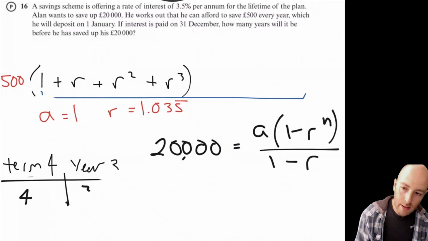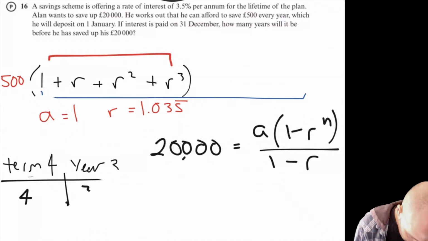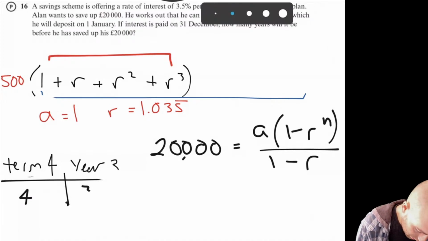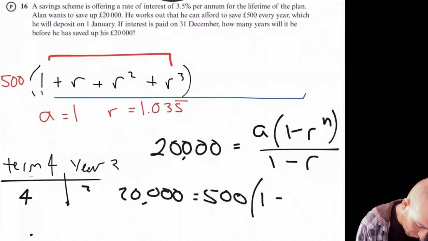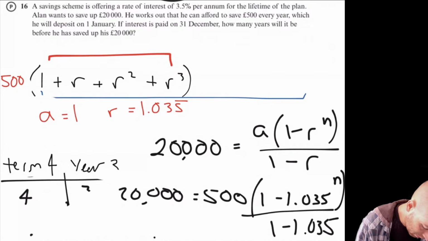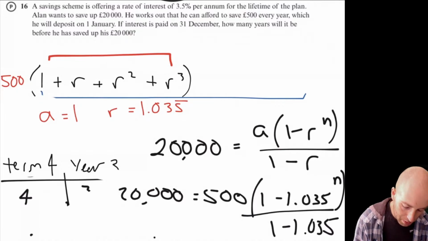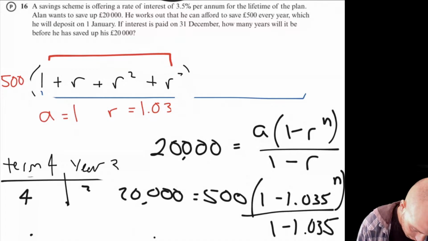The only difference is our series, which is this bit, is being times by 500. So I'm going to say 20,000 is 500 times 1 minus 1.035 to the power n over 1 minus 1.035. And we're timesing it by 500 because our series has been times by 500 as well.